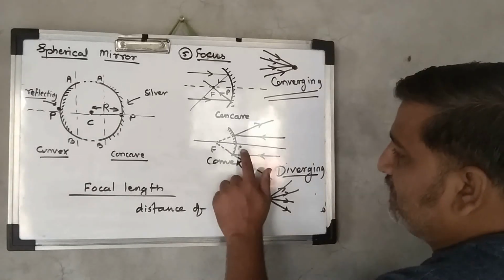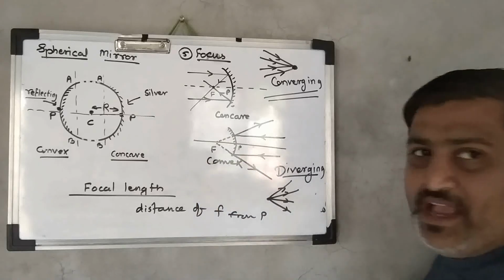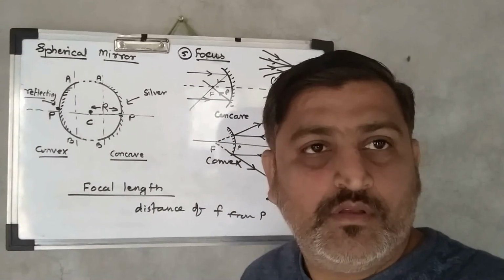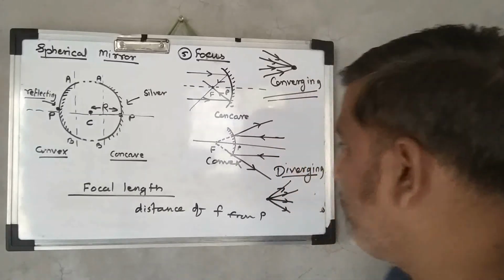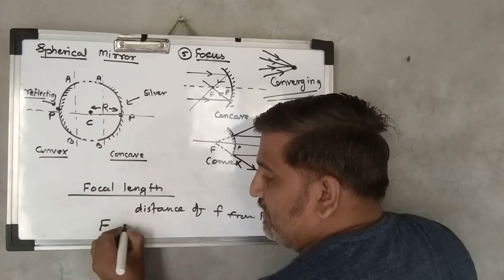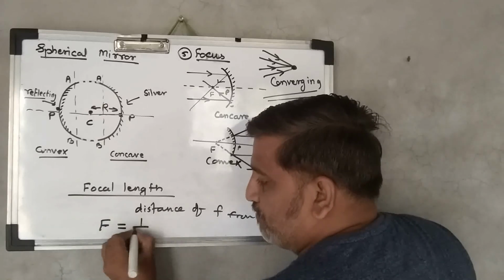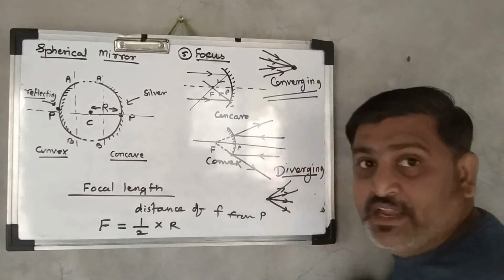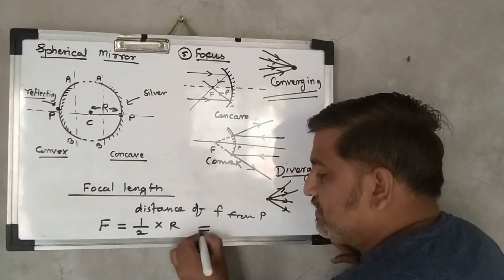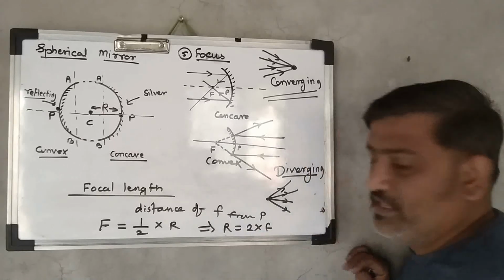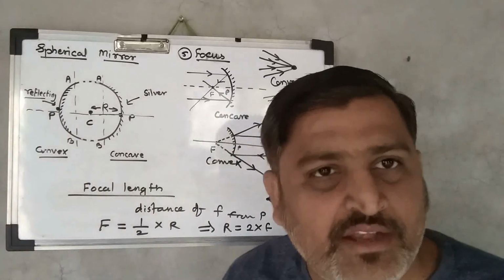So I can say this distance FP is the focal length. Keep in mind, by simple geometry it is proved that the focal length is half of the radius of curvature, and the radius of curvature is 2 times the focal length. So keep this relation in mind.